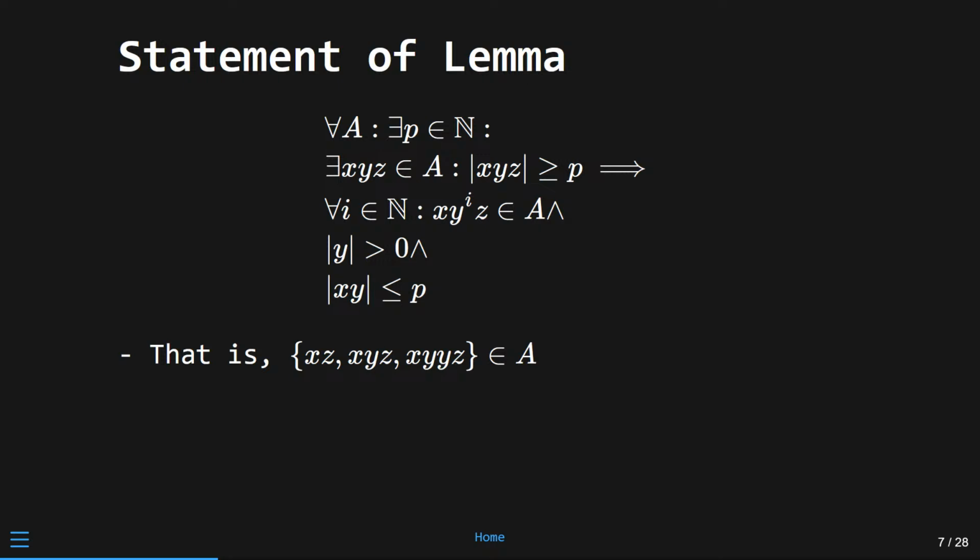For all languages, which I denote A. Why is it A? That's the capital of lowercase a, and I use lowercase a for letters. So that's where big A comes from. For all languages, there exists some natural number value, which is the pumping value. This p corresponds to the pumping length. Okay?